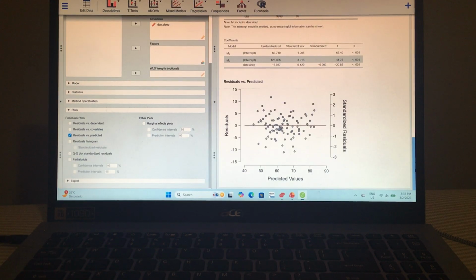The next assumption is normality of residuals, the N in LINE. To check the assumption of normality, we can look at a histogram of the residuals or a QQ plot of the residuals. The author prefers the histogram, but some statisticians like QQ plots, so we're going to show both.